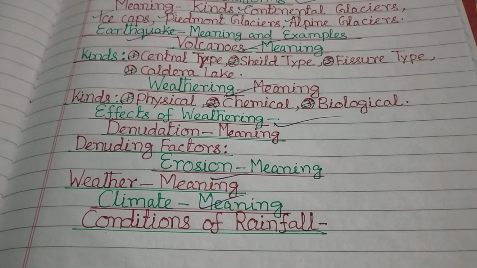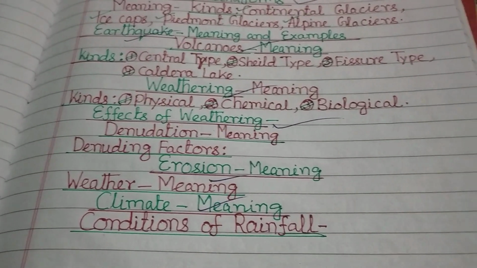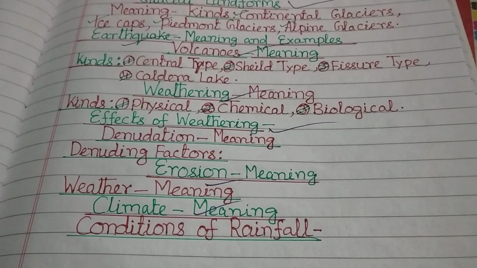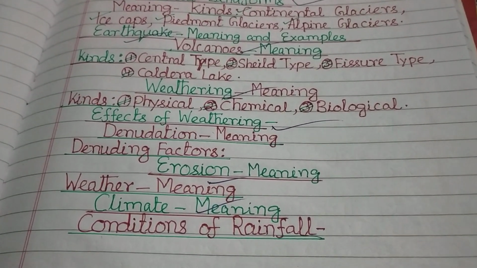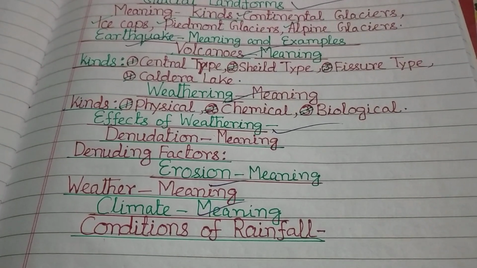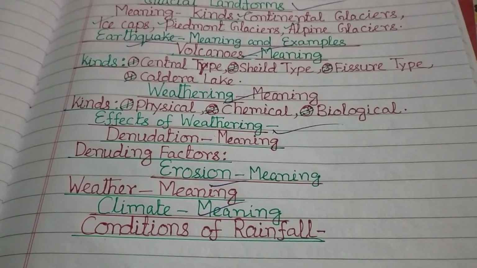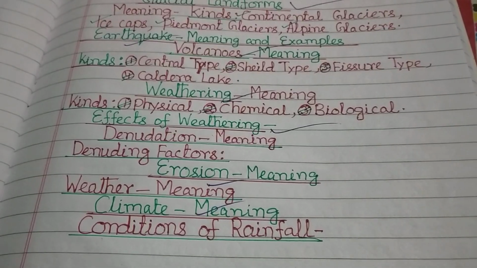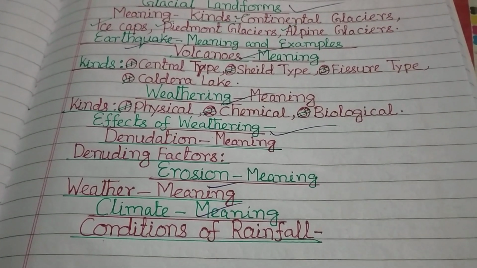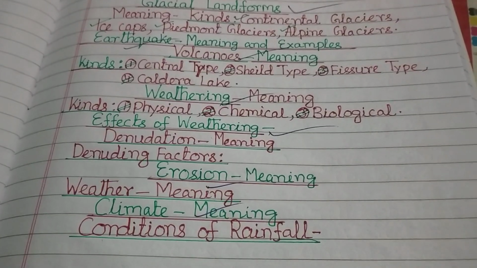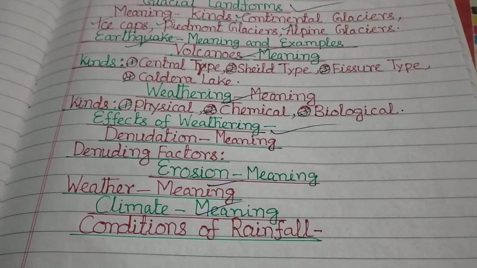A volcano may take various forms such as the central type, when cold lava particles from successive volcanic eruptions form a cone around the vent. A conical mountain shape emerges, and this is a central type of volcano.